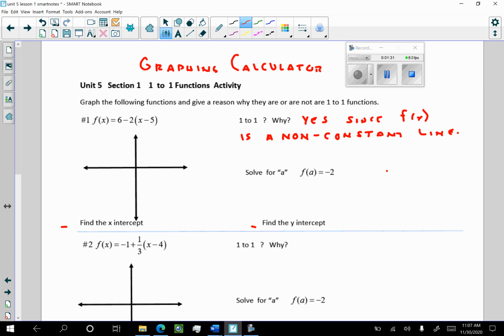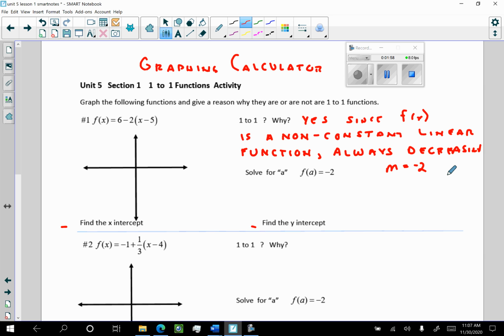Linear functions that are not constants are always one-to-one. I can also say this function is always decreasing, since the slope m is equal to -2.